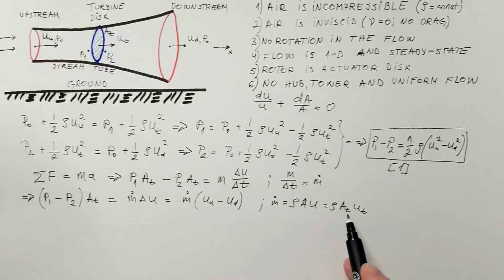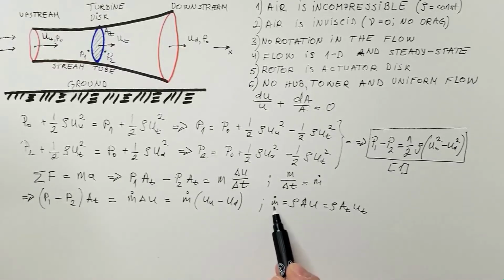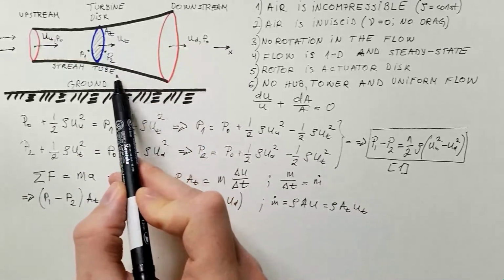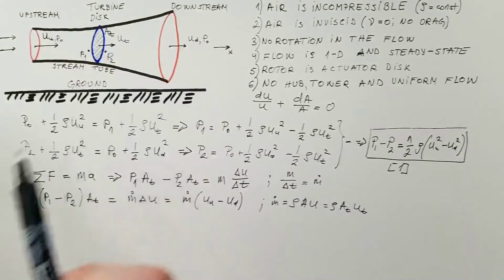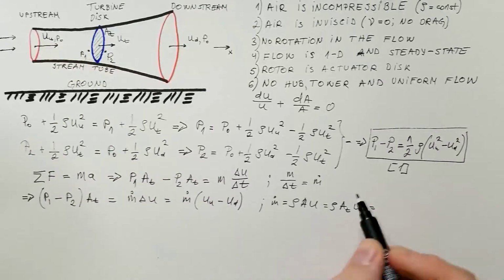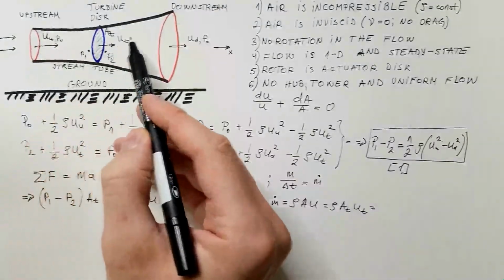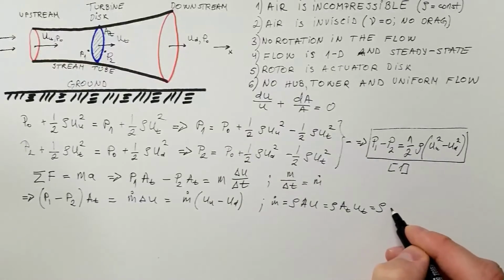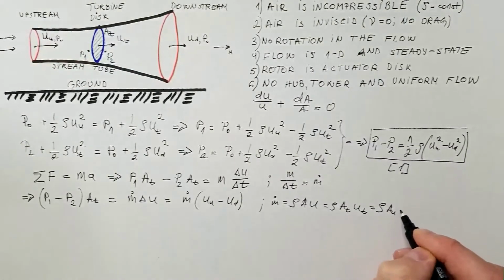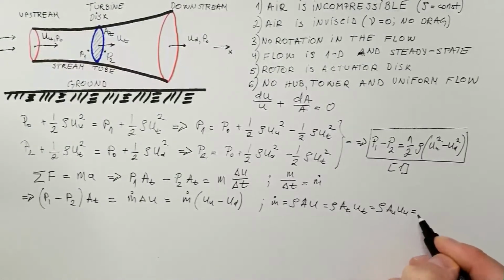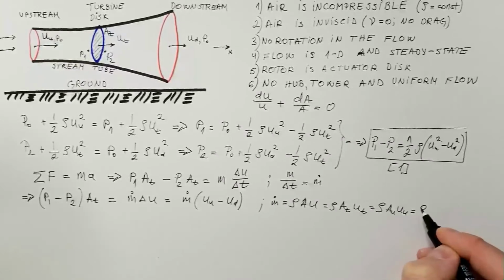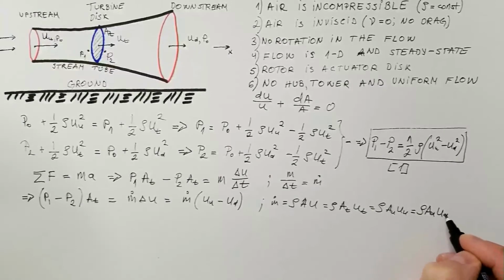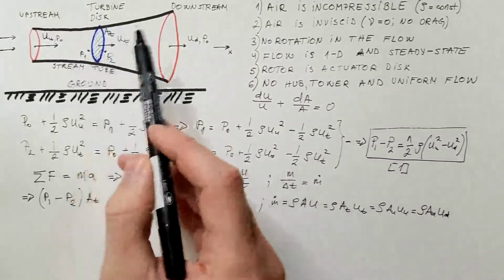And we also know, because mass flow rate in this case has to be conserved, there is no flow entering or leaving this stream tube. This has to be satisfied at any cross section in this stream tube, which means this is equal to rho A upstream, U upstream, or it is also equal to rho A downstream, U downstream, or any other cross section in this stream tube.